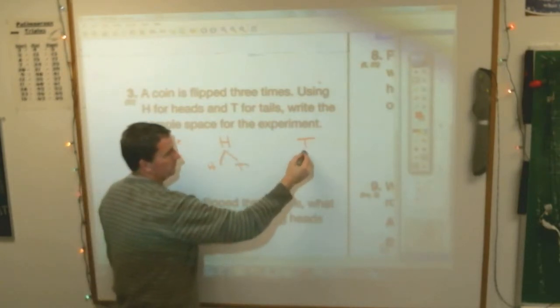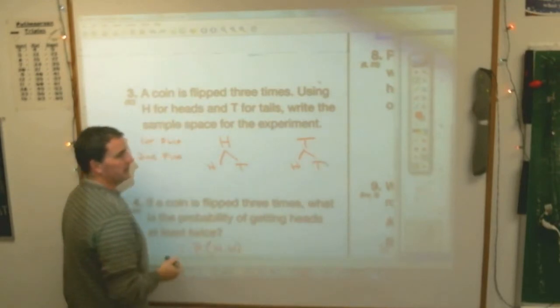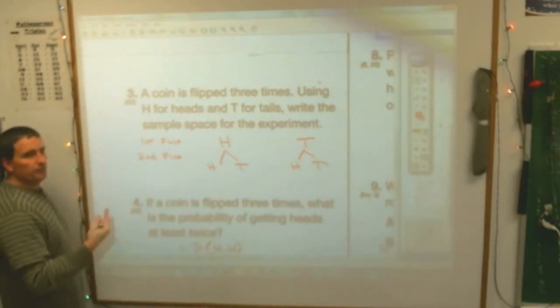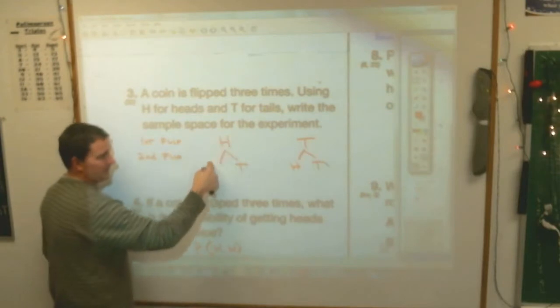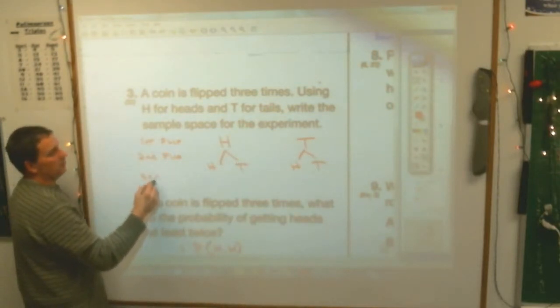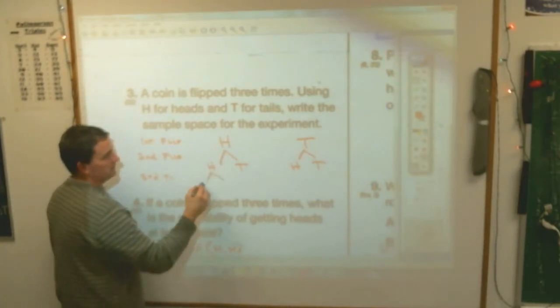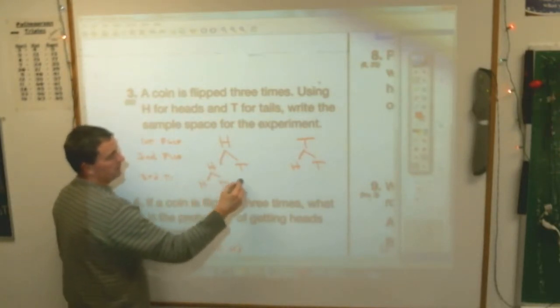If you flip a tail first, after that you could either get a head or a tail. That's your second flip. So if you're only flipping twice, your possibilities would be head, head, head, tail, tail, head, tail, tail. But you're flipping a 3rd time, which means you have to go 1 more branch on your tree. Off of each one of these, you can get a head or a tail.